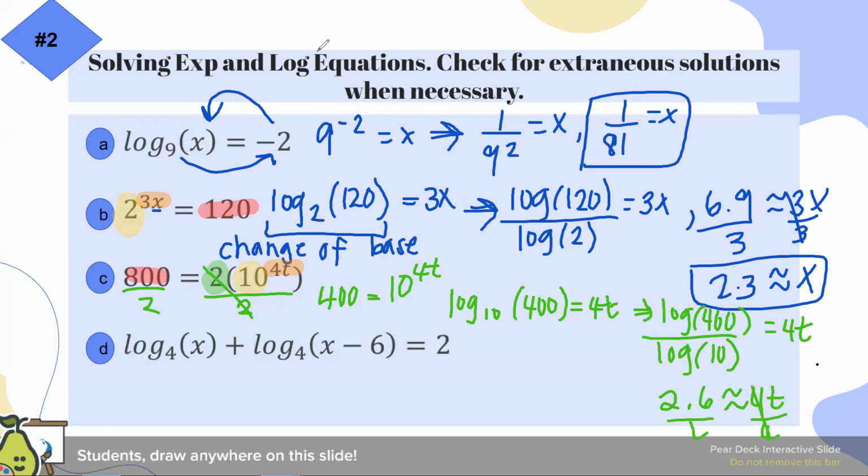Then we divide both sides by 4, and you'll get t is approximately 0.65, 0.6505, and so on and so forth.